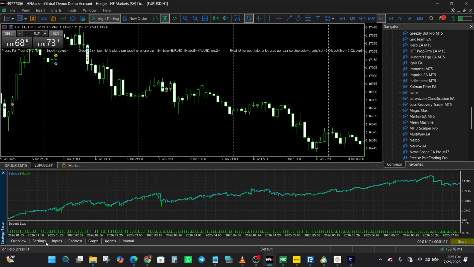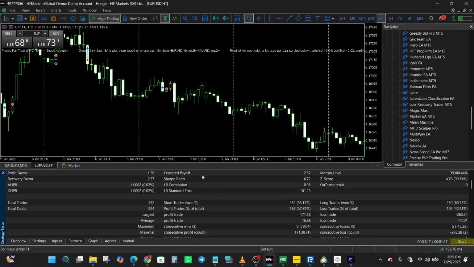Okay, so to wrap things up, based on what is available, Precise Pair Trading Pro looks like it is built for traders who want a statistically driven, relationship-based approach rather than a directional bet on a single instrument, with contained risk per trade by design.